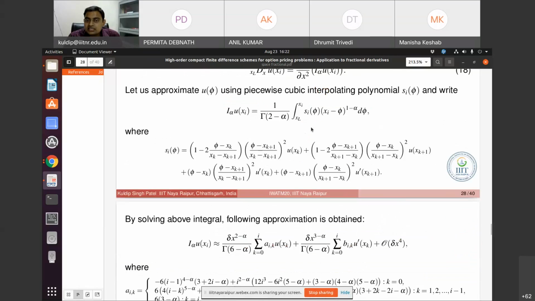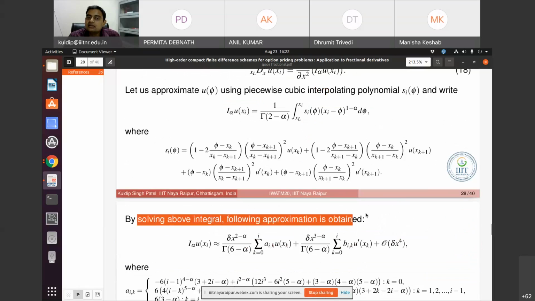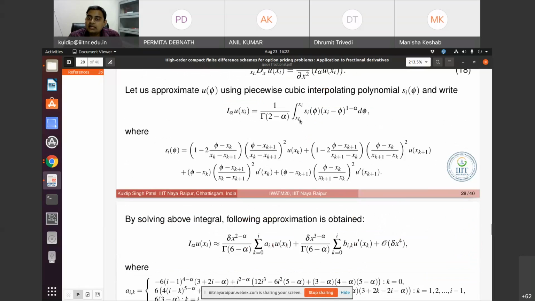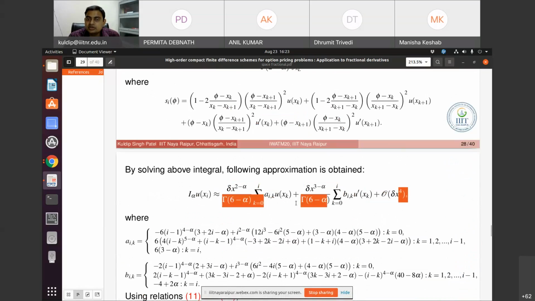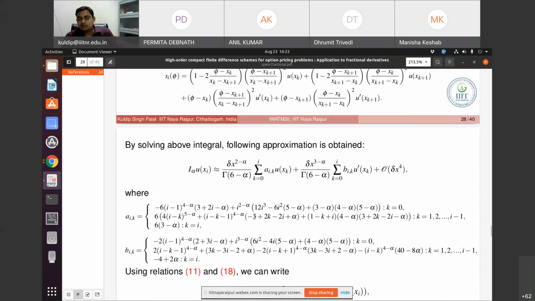After this S_I, we now applied Simpson's rule as the quadrature for this integration, and we got this. Here the coefficients I have written explicitly. You can very simply see that A_ik and B_ik are the coefficients here, and this is fourth order accurate.